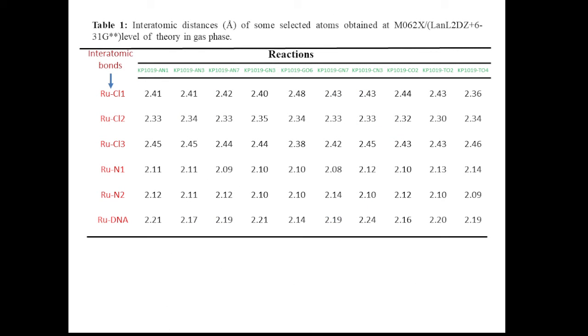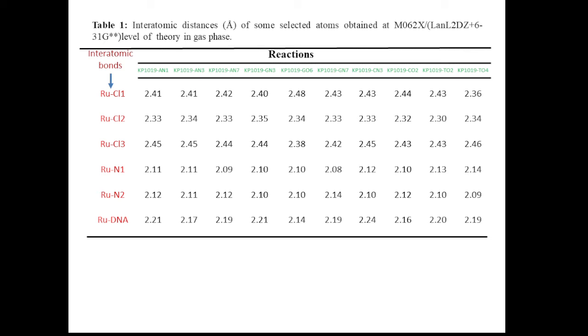So in this table, you can see the interatomic distances of some selected atoms, calculated at the M06-2X level with the 6-31G star basis set in the gas phase. As you can see, all the ruthenium-chloride distances, the Ru-Cl distances, for all the cases are comparatively larger when compared to the ruthenium-DNA active sites.